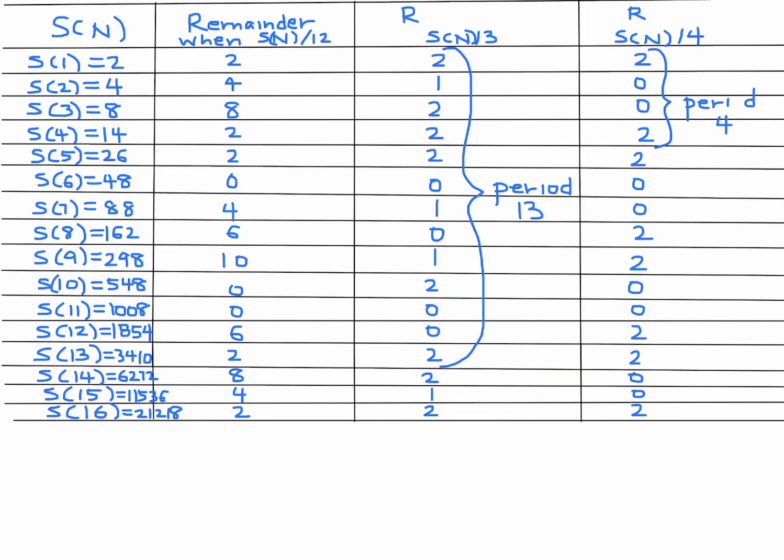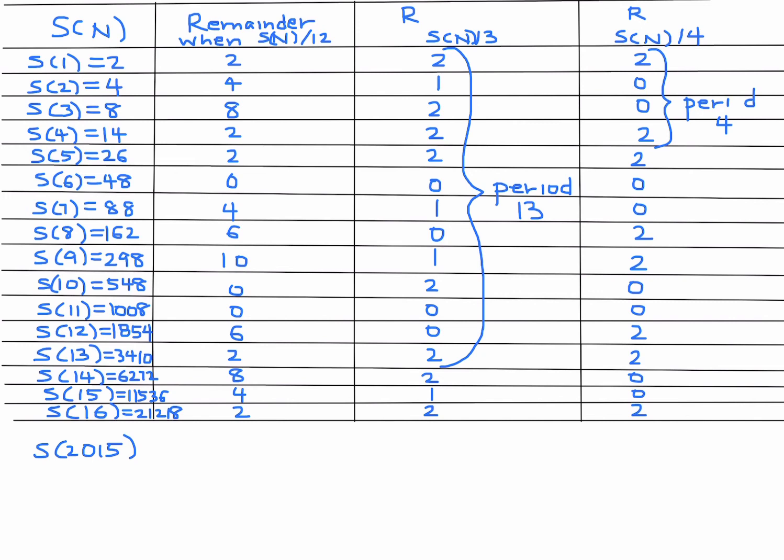Okay, now we have to figure out what is S of 2015. Well, we certainly don't need to figure out what it equals. That would take forever. But we can use these to figure out what the remainder is.